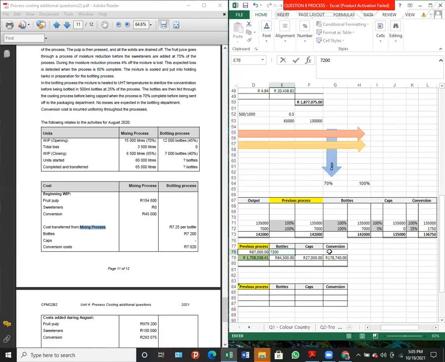Yeah. And then conversion is 7,020. And then here is 0. Are we together, guys? Yes. Okay. Now we can do this plus this plus this plus this is equals to that, ne?